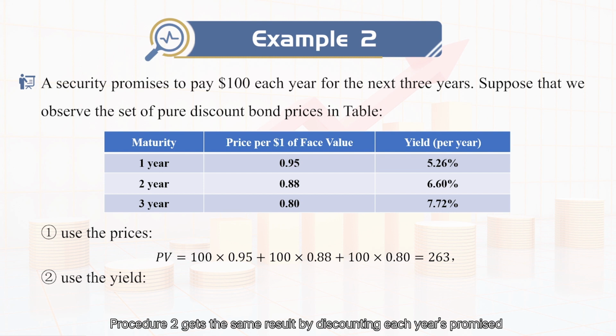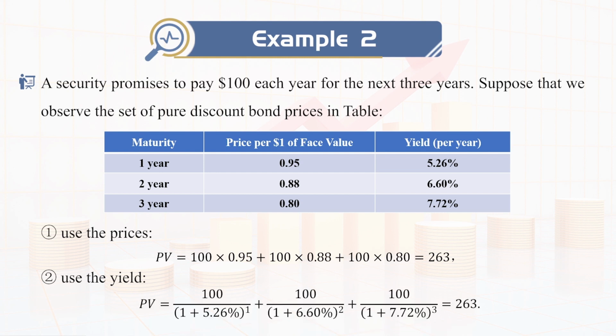Procedure 2 gets the same result by discounting each year's promised cash payment at the yield corresponding to that maturity. 100 over 1 plus the yield on the 1-year maturity, 5.26%, for the first, plus 100 over 1 plus the yield on the 2-year maturity, 6.6%, for the second, plus 100 over 1 plus the yield on the 3-year maturity, 7.72%, for the third.